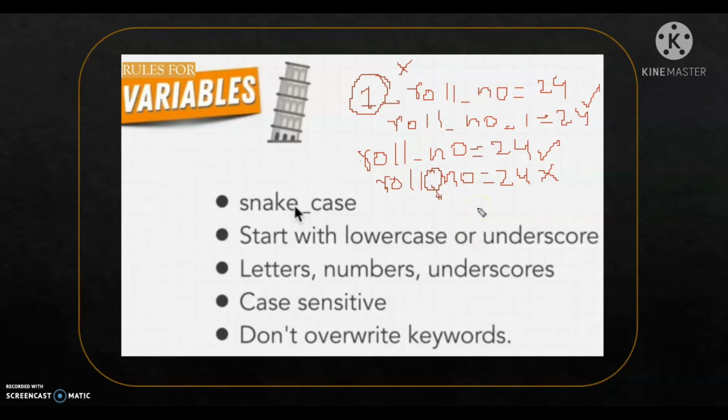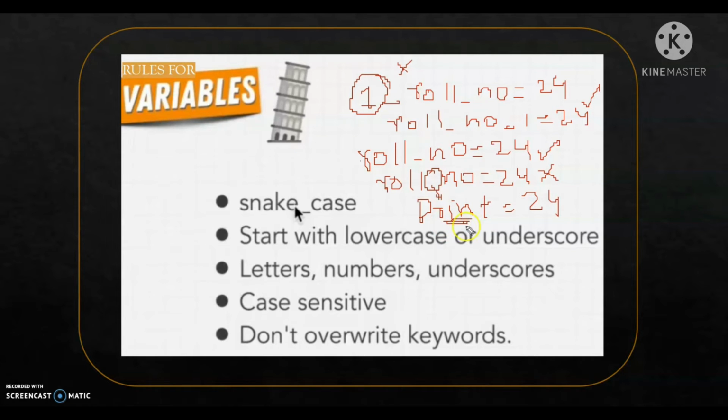And avoid using Python keywords and function names as variable names. That is, do not use words that Python has reserved for a particular programming purpose, such as the word print. For instance, if you wanted to assign a variable name as print, print is equal to 24, then Python will be confused because it is already described as a keyword in Python.